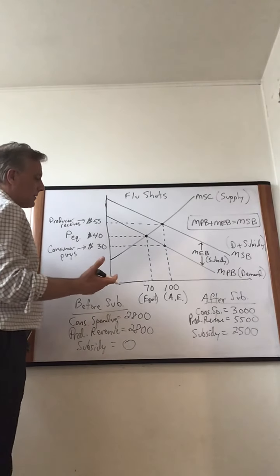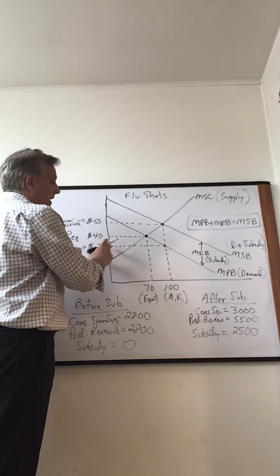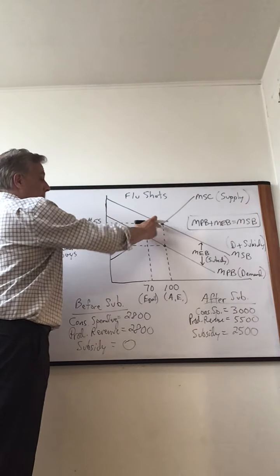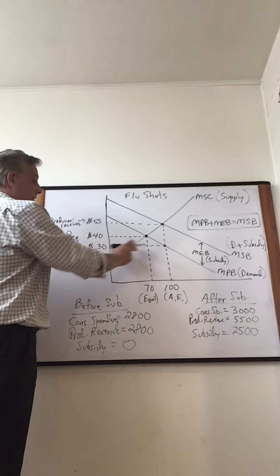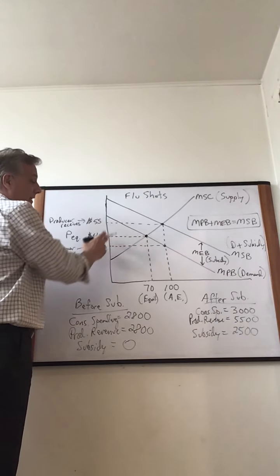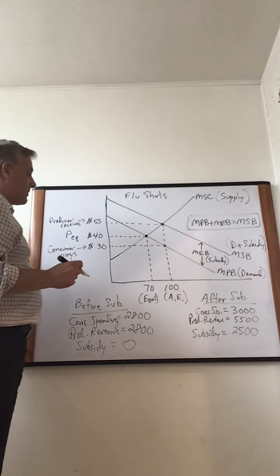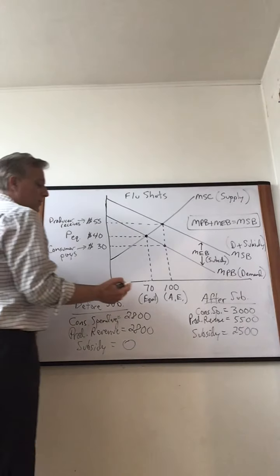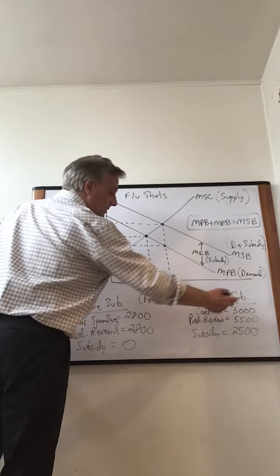All right, so to get to this quantity of 100, we have a subsidy of $25. The producer receives $55, okay? And the consumer only has to pay $30. So the consumer pays $30, somebody's got to pick up that $25. That's the subsidy. So the total consumer spending is going to be 30 times 100, or 3,000.